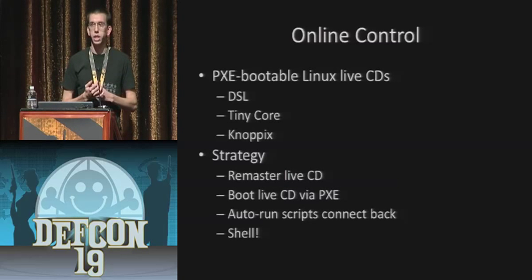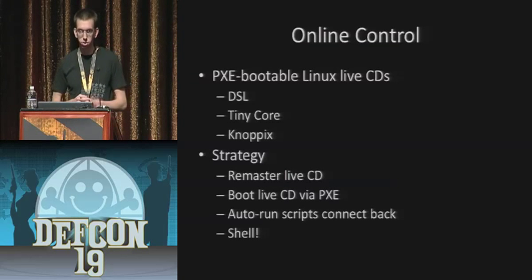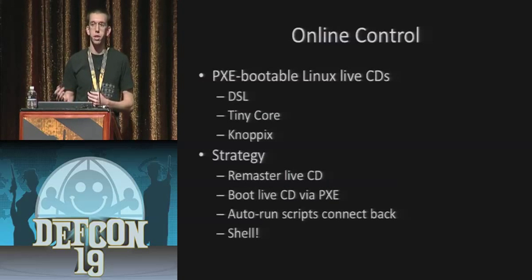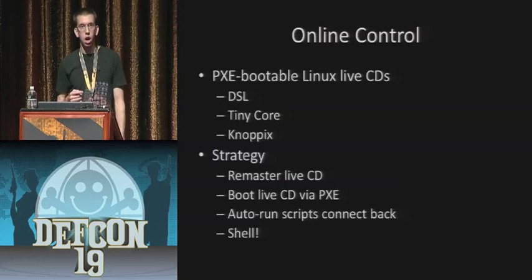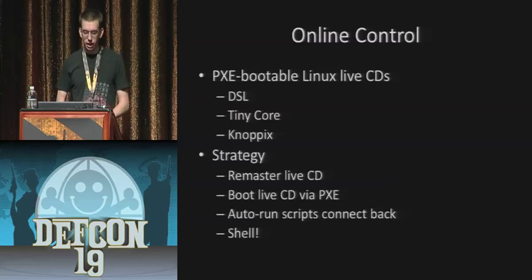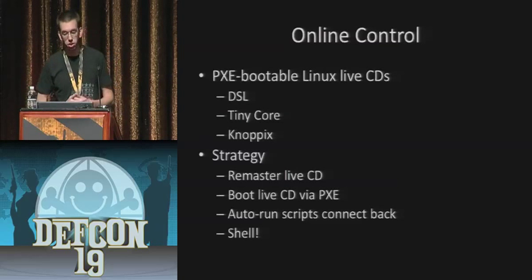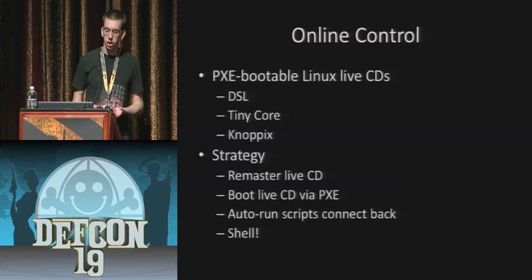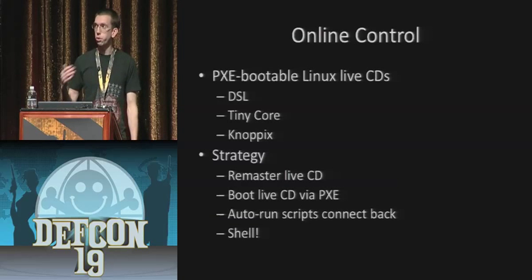So you won't need anything other than PXELinux to boot those. Knoppix can boot and then connect back via NFS. That will entail some difficulties, which I'll talk about later, but I just stuck with TinyCore because it's fast and small and all self-contained. So this is basically what you're going to do. You're going to take the live CD, remaster it, set up some scripts there so that when you boot it via PXE, the scripts will auto-run, connect back, and you'll get a shell.